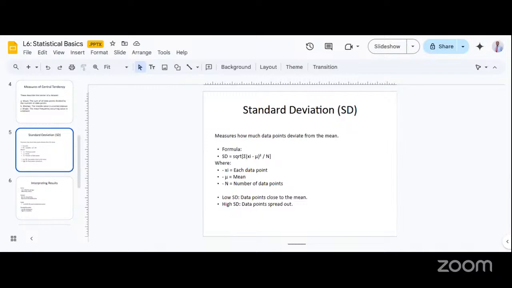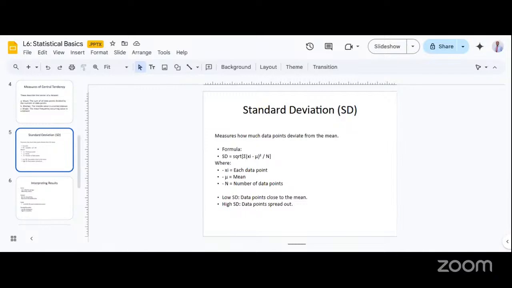So that's what the mean does. But standard deviation is saying, okay, even if there's a center value, standard deviation is trying to know how different the other values in the set are from the center value.